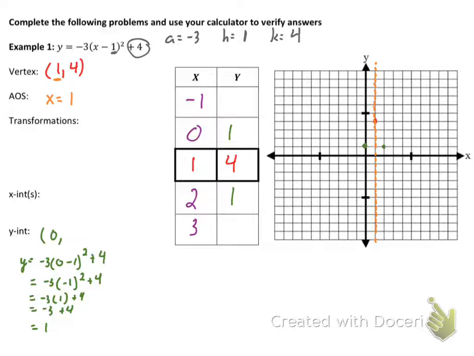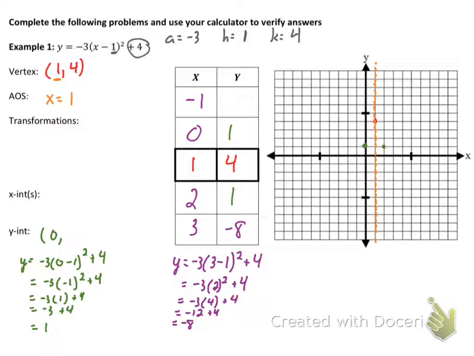Now let's plug in 3. So y equals -3, and every time I see an x, I'm going to plug in 3. If I simplify this, I'm going to have -3 times 2 squared plus 4. Well, 2 squared is 4, so -3 times 4 plus 4, which is -12 plus 4. That's going to give me -8.